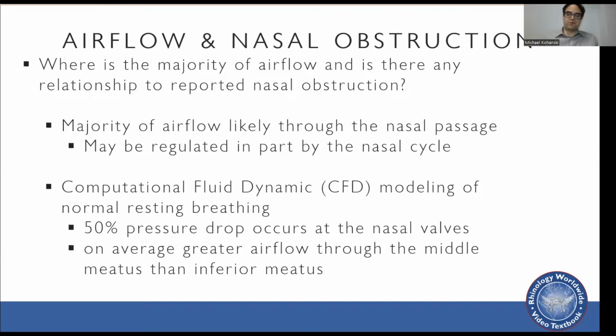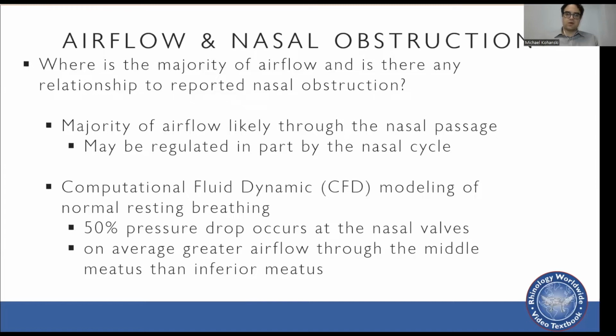So the side that's swollen will have decreased airflow and increased obstruction, and the side where the inferior turbinate is shrunk down will have increased airflow on that side. And that will vary from side to side throughout the day, and that's part of a normal cycle.